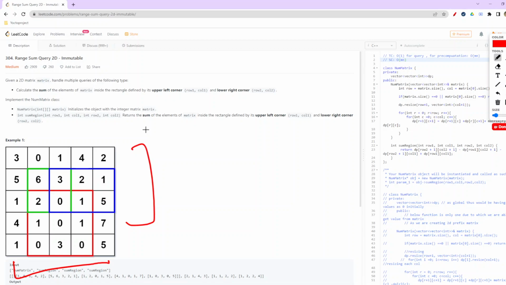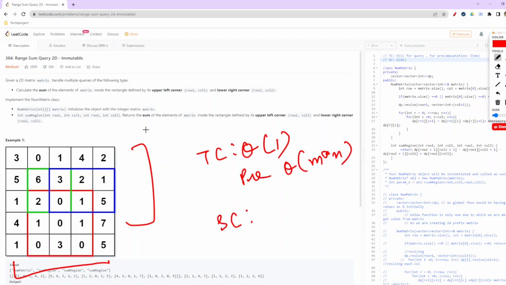Extracting the answer would be a mathematical expression only, so the query time complexity would be O(1), the precomputation will take m into n, and the space complexity would be m into n for the answer matrix which we would be having.